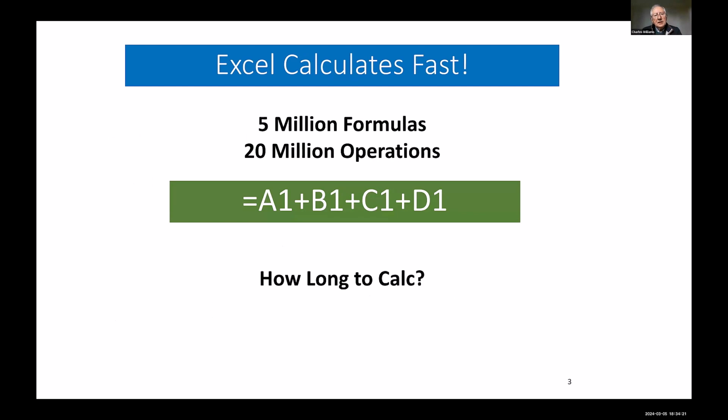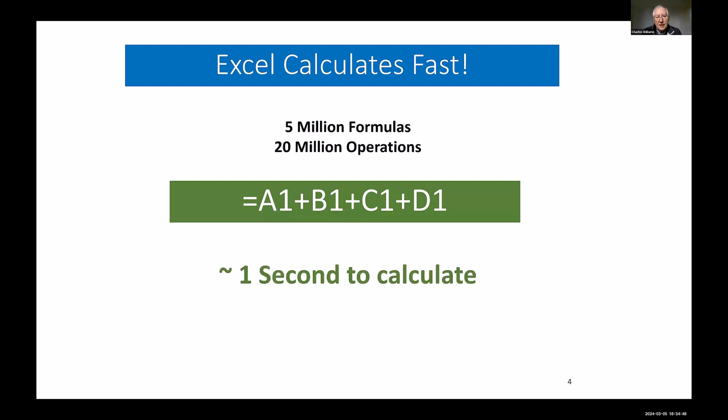So the thing about Excel is it actually calculates really fast. I've got a workbook on this laptop, which has got 5 million formulas, and each formula does 4 operations. It adds 4 cell references together. So that's a total of 20 million operations. And how long do you think it takes to calculate? Well, it's fast.